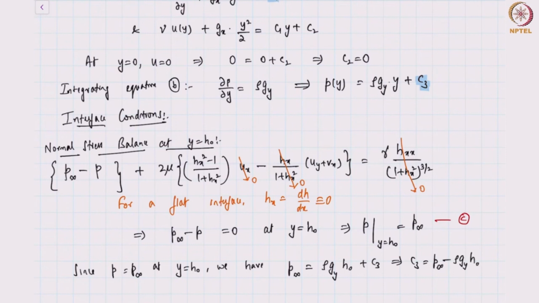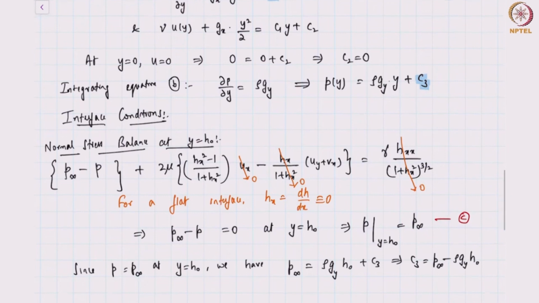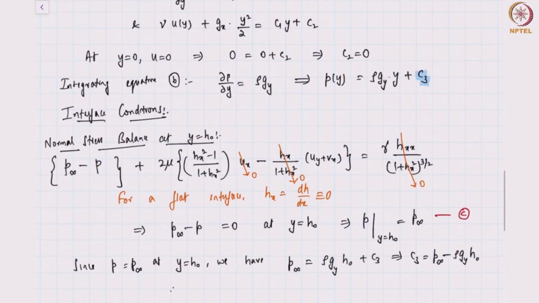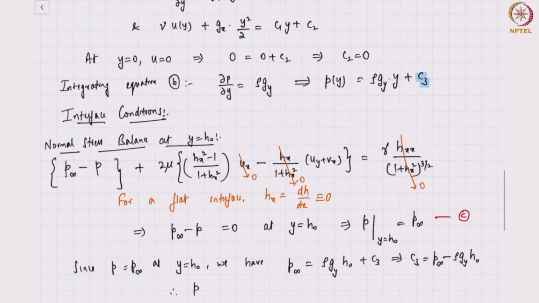So now I have basically got the constant C3, and now I can get the pressure profile everywhere by saying that the pressure as a function of y will be P infinity plus rho gy times y minus h naught.